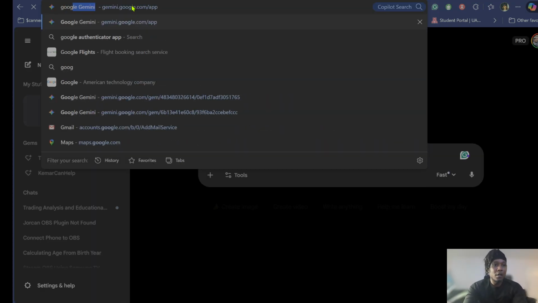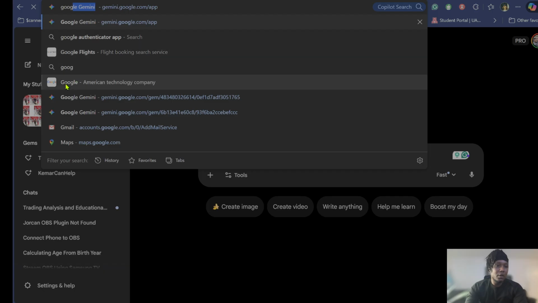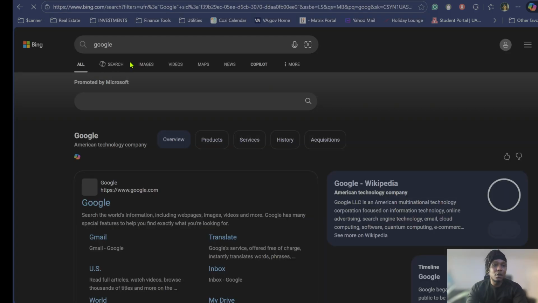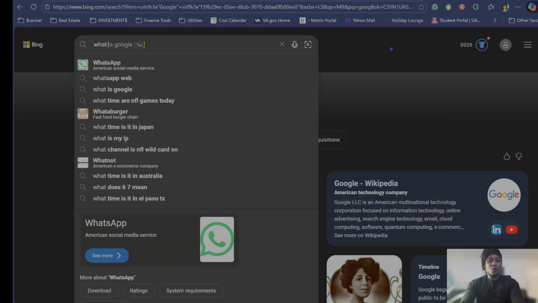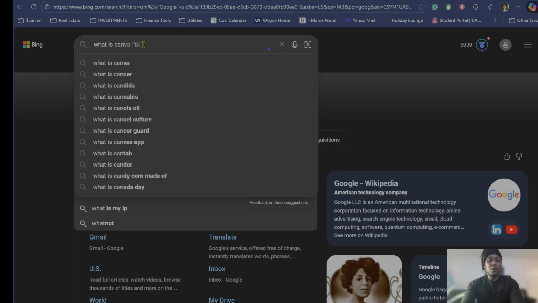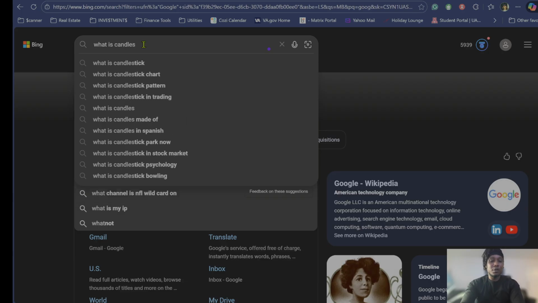It went straight to Google Gemini, but I just want regular Google. What is candlesticks?